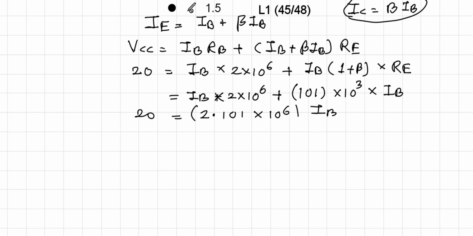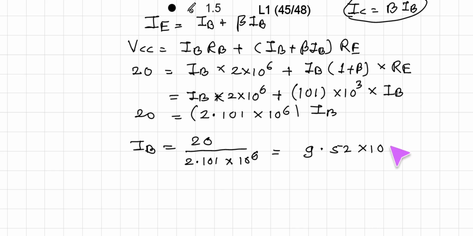So from this we get IB is equal to 20 divided by 2.101 into 10 raised to 6, and that turns out to be 9.52 into 10 raised to minus 6, or we can say 9.52 microampere.